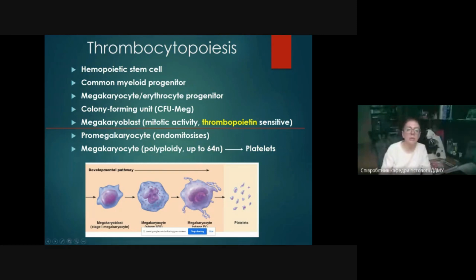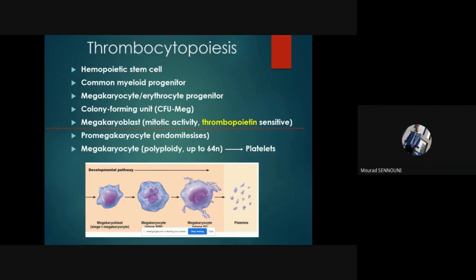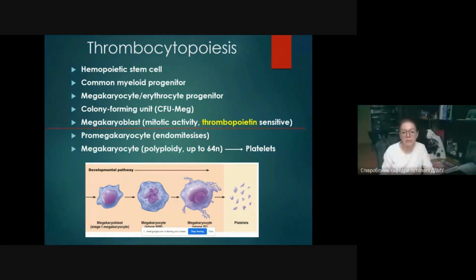Then next stage is pro-megakaryocyte, and it undergoes endomitosis. What does this mean, endomitosis? Number of chromosomes increase, but still don't divide. It doesn't divide, exactly. So unlike mitosis, when cell is divided after the chromosomal number increases, here there is no division, so nucleus enlarges, and at last it becomes the largest nucleus in our body, up to 64N.